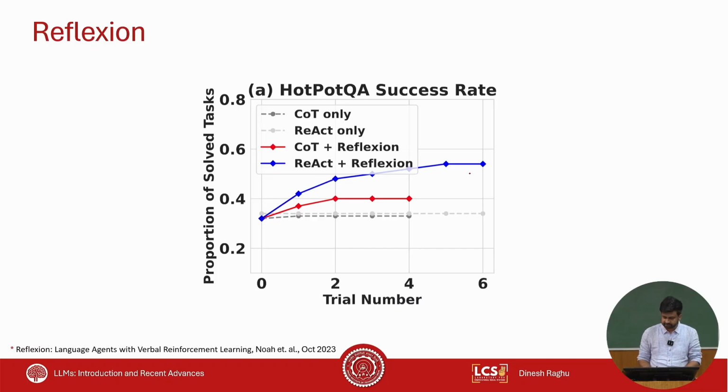And of course, as expected, ReAct plus reflection is better than CoT plus reflection. So here it is very clear that with the right agentic setup, ReAct shows dominance, right? Because in the ReAct paper, that was not very evident, right? It felt like there's not much that ReAct is giving over CoT, right?